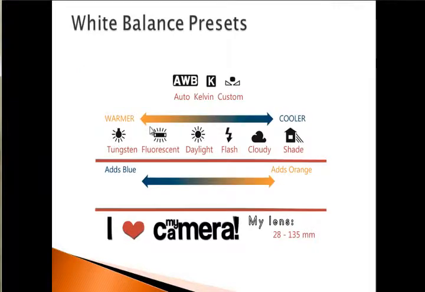So your image is too blue. So it's too blue, it's cooler. So wait, it's cooler over here because it adds too much blue. Then you're going to move it down one setting. If it's still too blue, go down to the next one. And keep playing with it until you get one that's good.